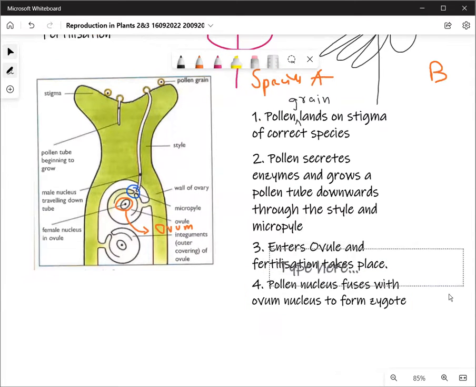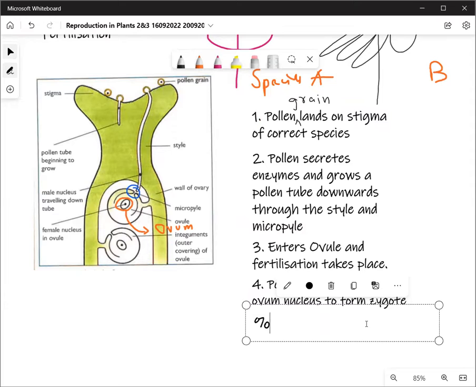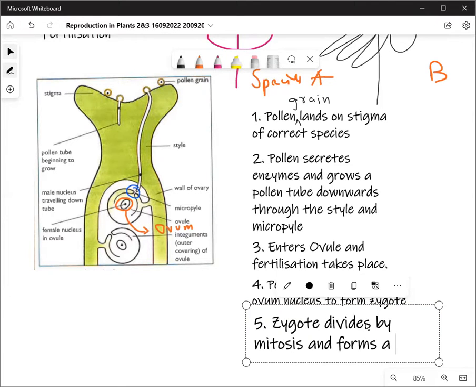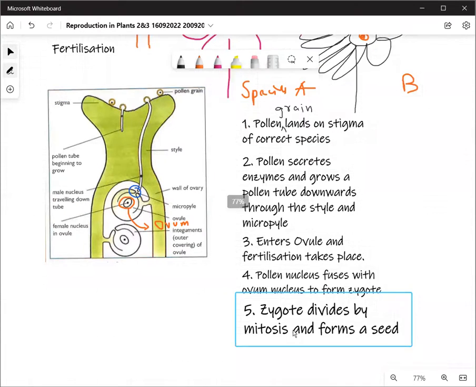The fifth step is the zygote divides by mitosis and forms a seed. Yep.